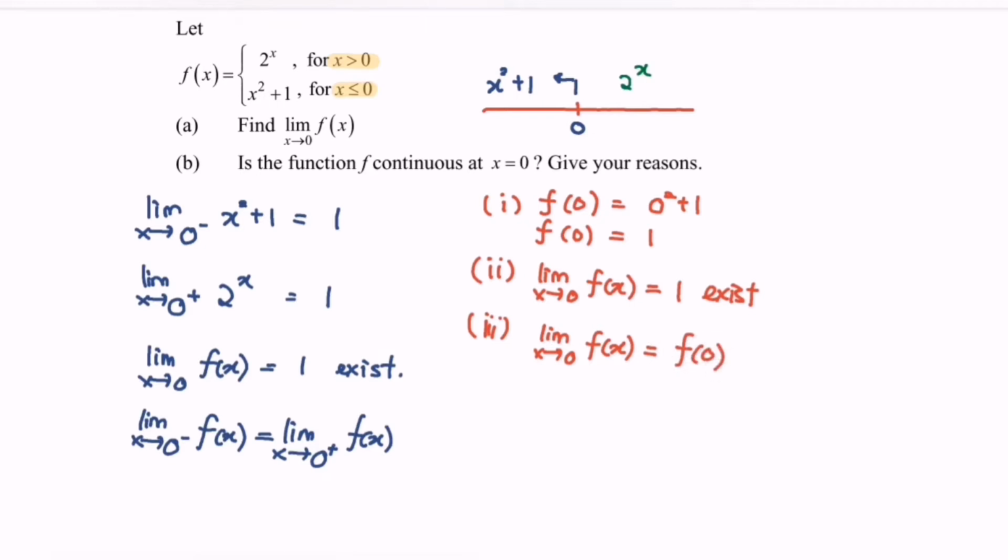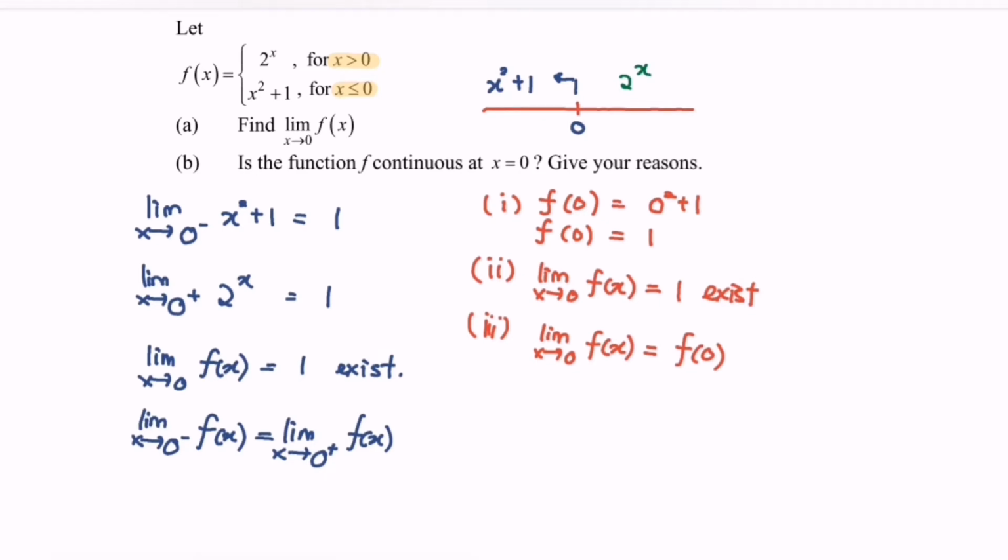So by referring to condition number 1, f(0) is equal to 1. By referring to condition 2, the limit when x approaches 0 for the function f(x) is approaching 1. So for this case, the limit when x approaches 0 for the function f(x) is equal to f(0).